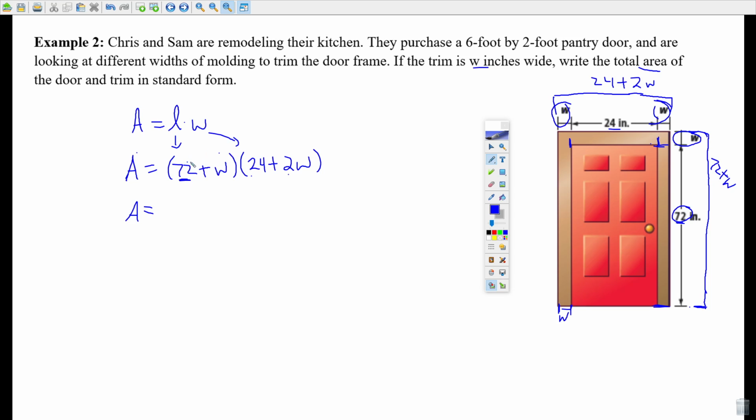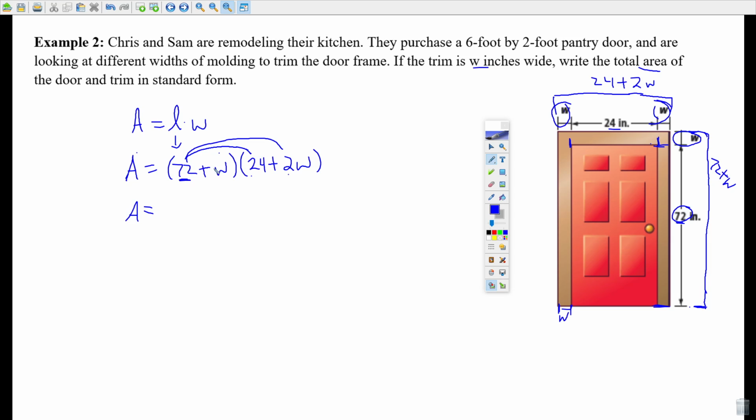So I usually just draw the arrows and arcs here. So I do 72 times 24, and then you do 72 times 2W. Let's maybe erase that too. Like that. So 72 has to go to both of these numbers. It's kind of like the distributive property.